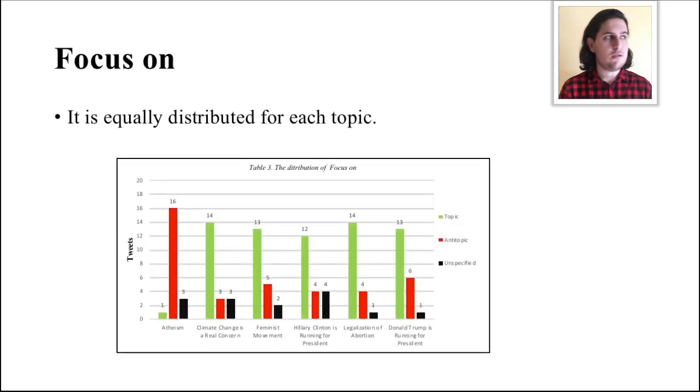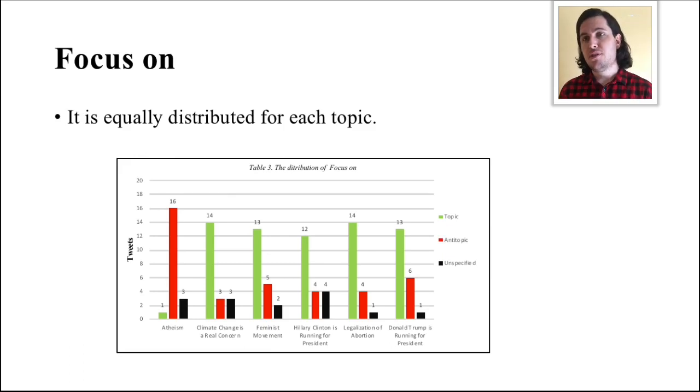Focus on was equally distributed for each topic. So as you can see, the graphics that I presented here do have a certain distribution that wasn't really necessary or really significant for what I wanted to know or what I wanted to study.